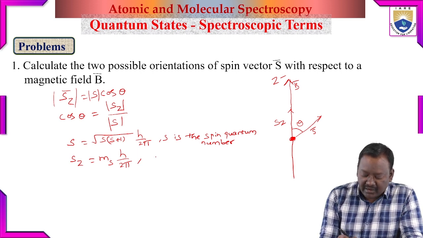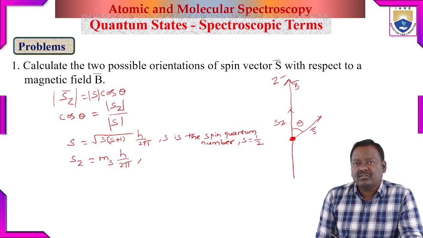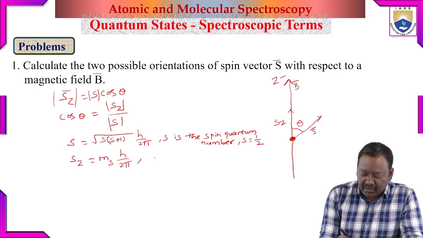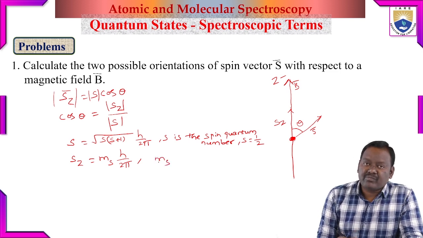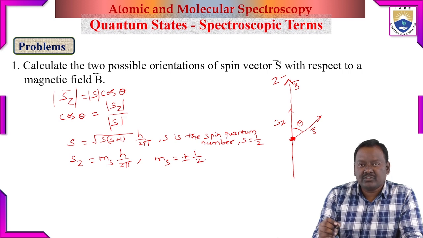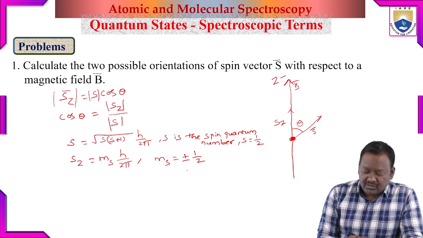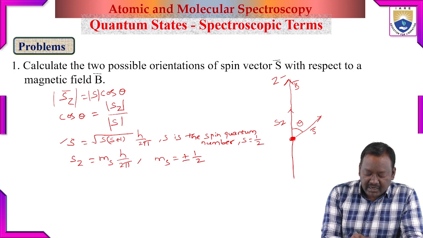The value of s is always 1 by 2 for any single electron, and the values of ms for s equal to 1 by 2 are plus or minus 1 by 2. So it can have two values, plus 1 by 2 and minus 1 by 2.